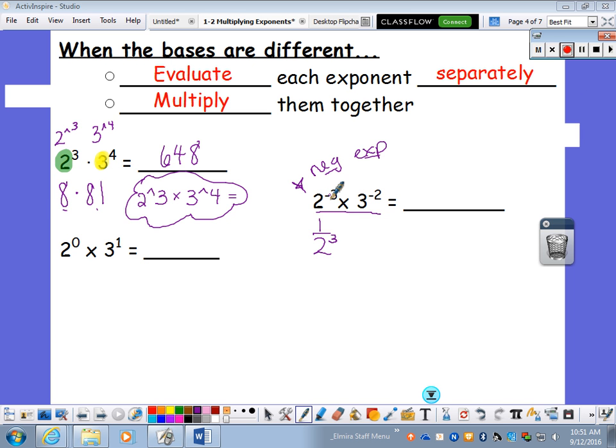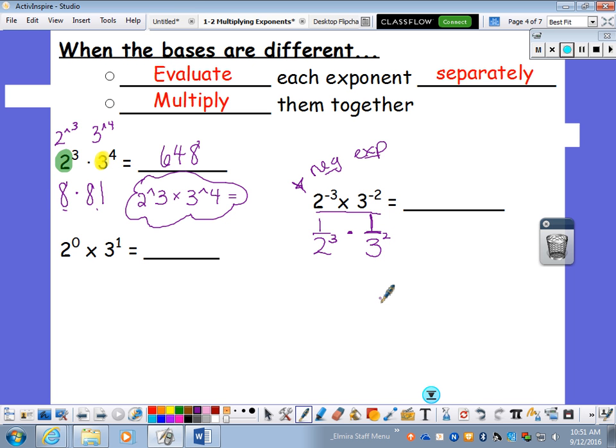Remember, a negative exponent makes a fraction with a 1 on top, and the exponent becomes positive, times another fraction with 1 on top and 3 squared positive exponent on the bottom.